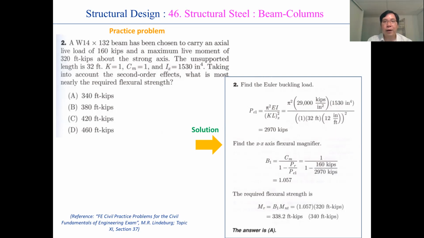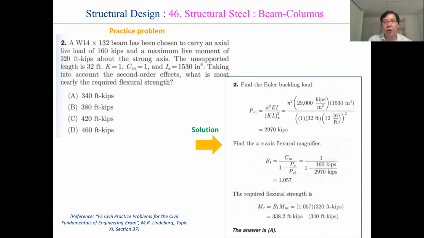After that you can find the x axis moment magnifier B1 by this equation, and the value is equal to 1.0157. So finally, you can calculate the required flexural strength by the equation Mr equal to B1 M sub nt.